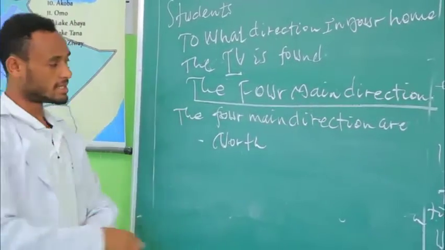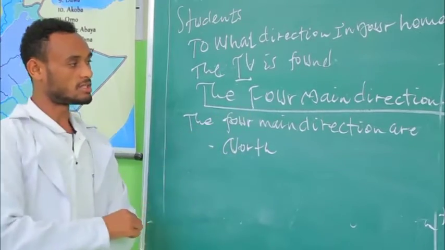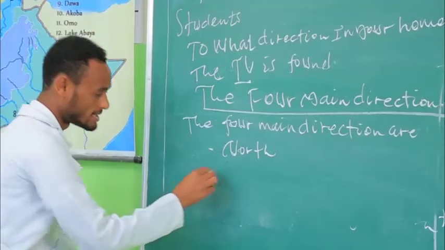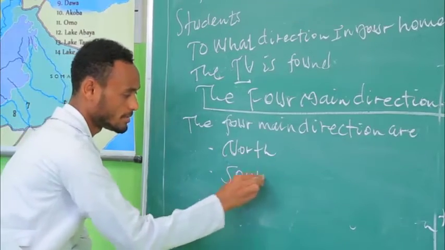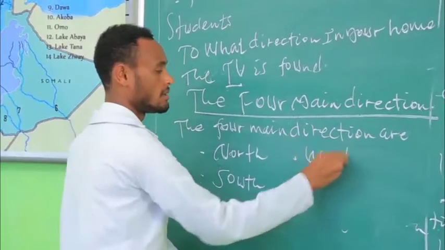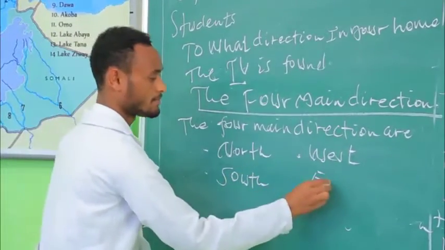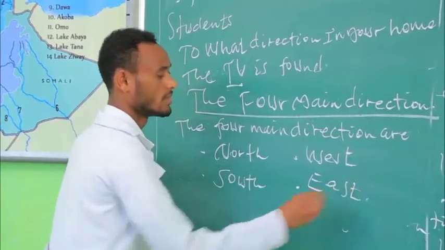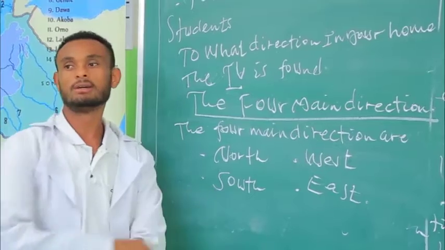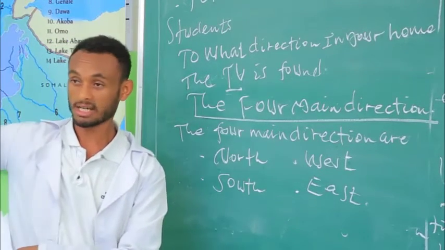Students, this is the first of the four main directions. The second one is south. The third one is west. The fourth one is east. By using these four main directions, you can locate a given object even at a distance.